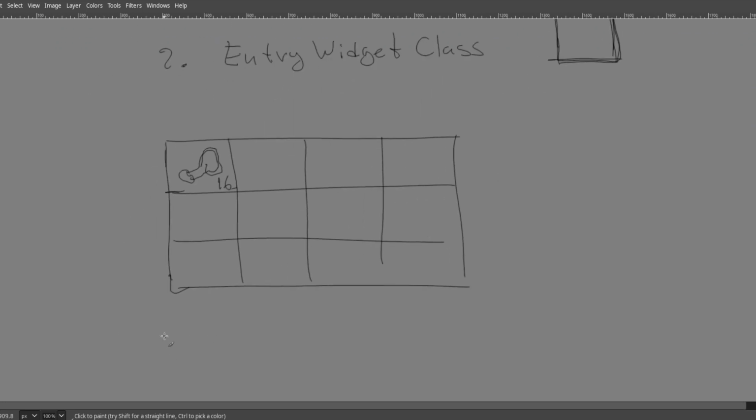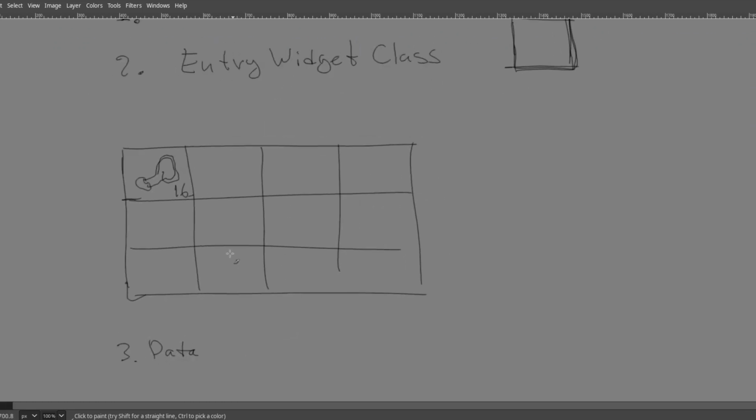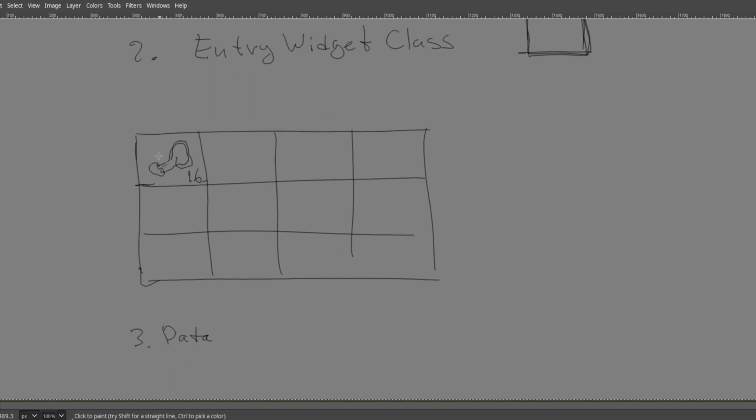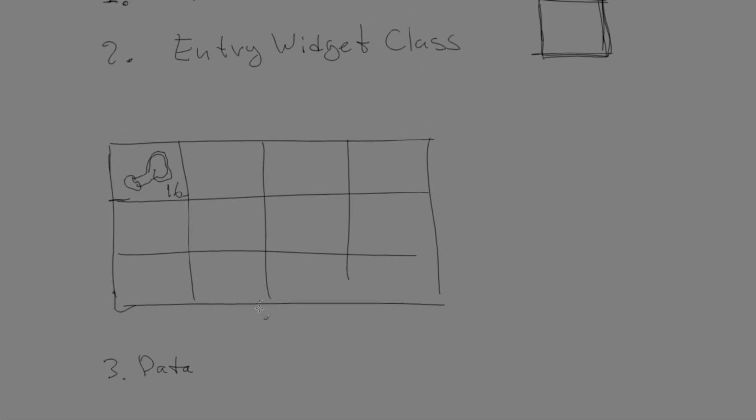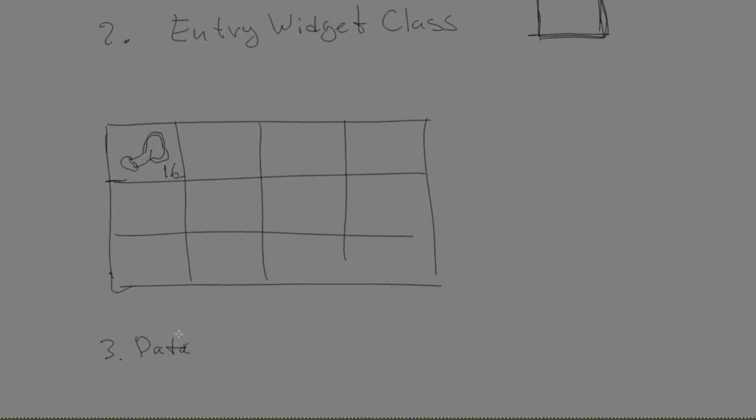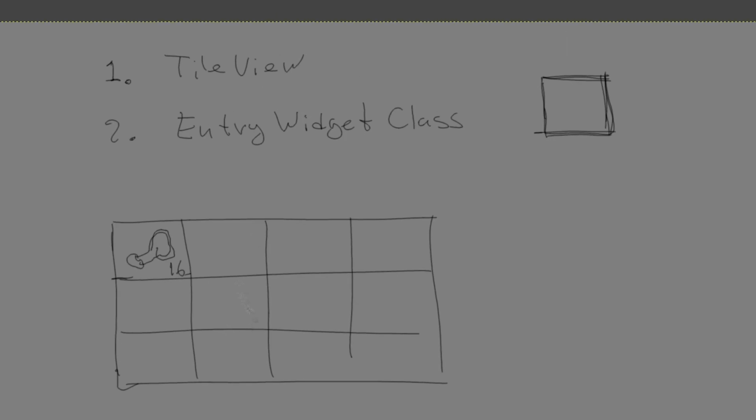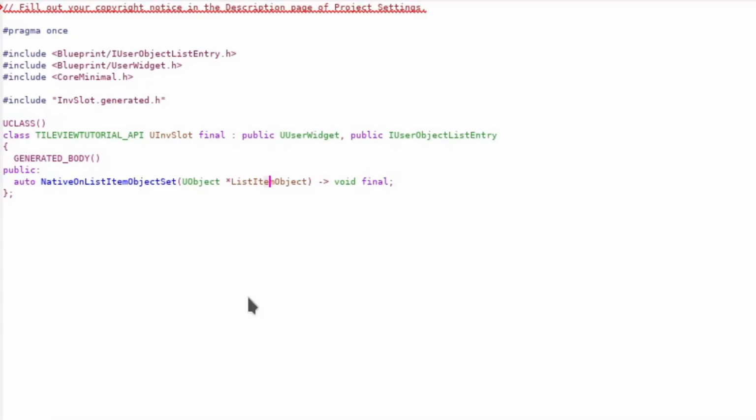So we need data to interpret, because we cannot draw the same thing every time, right? So we need some sort of way to represent the data we want to show. This is the way Unreal Engine sets up the data to your stuff. So yeah, we implemented this thing.